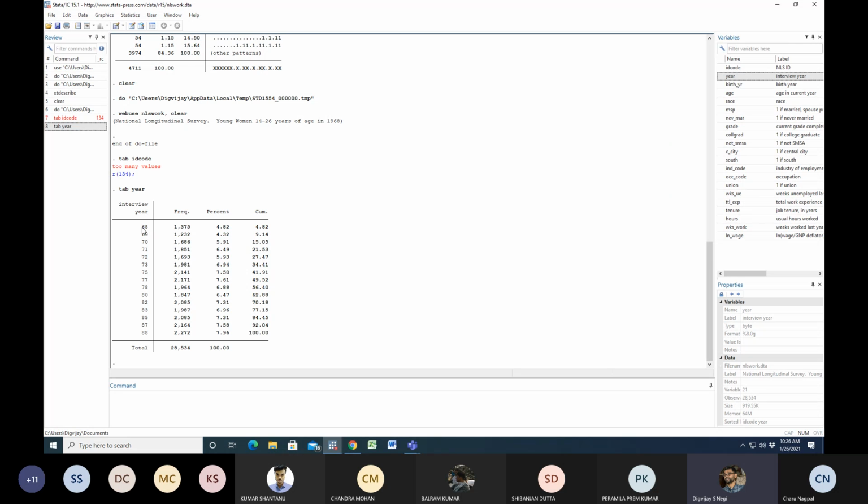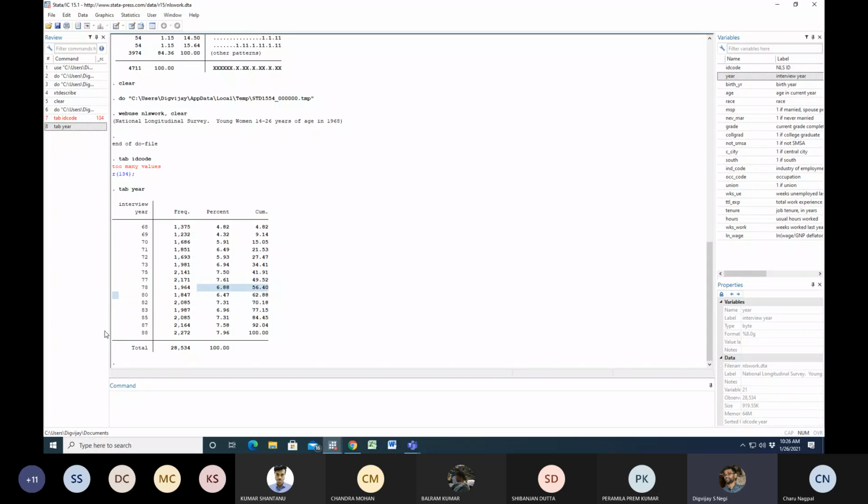For 1968, this frequency tells you how many women are in the data set for that year: 1375. In 69 the number changes, in 70 the number changes. Then in 77 we have 2171 women in the data set. Then it again goes down.